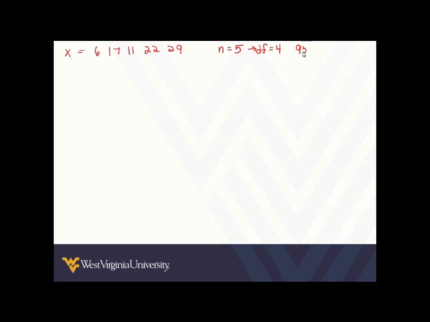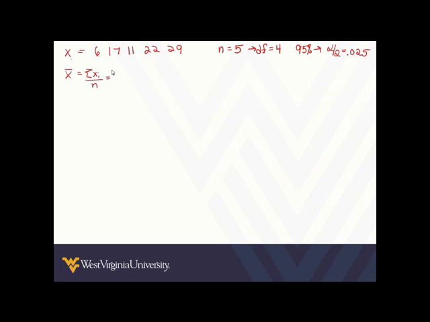And we were asked to construct a 95% confidence interval, which means we're going to need an alpha over 2 value of 0.025. We were not given our sample mean and sample standard deviation or sample variance, so we are going to need to calculate that.